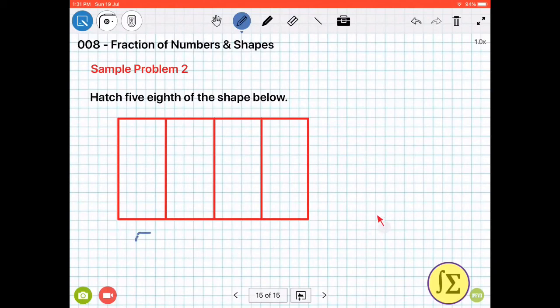So I have 5/8 and the total number of parts is 4. I need to find out what's the equivalent fraction so that I can shade it accordingly. Alright, so I look at 4 and 8. How do I get 4 from 8? I divide it by 2, right? So to find the numerator here, I have to do the same.